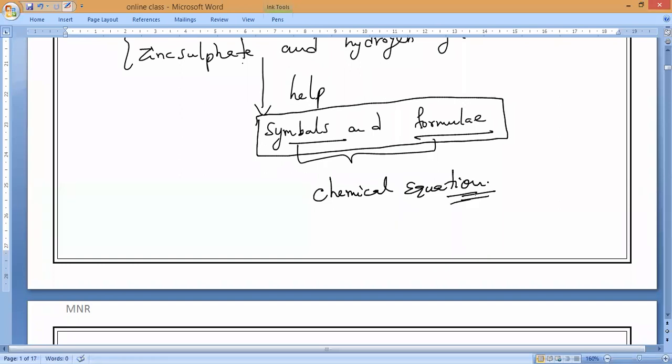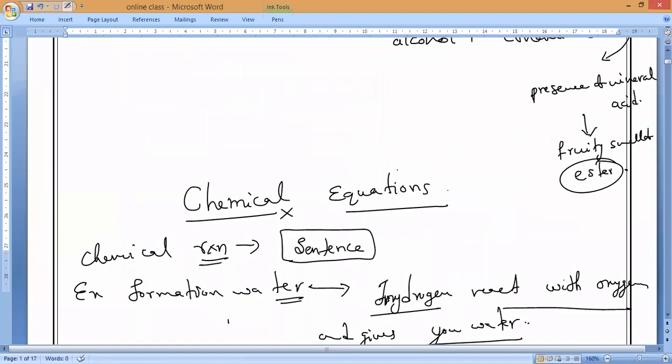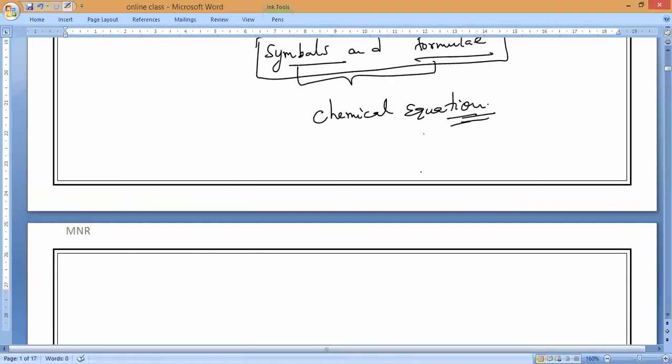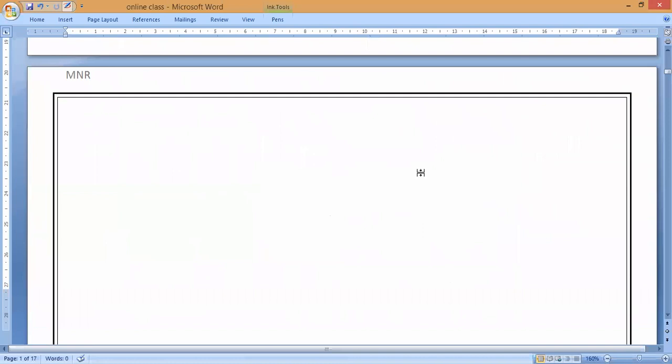Any doubt, guys? Please respond. That is what we have to do. So please all of you keep reading chemical equations and write the definition. Laksha, understand? The shorthand representation.